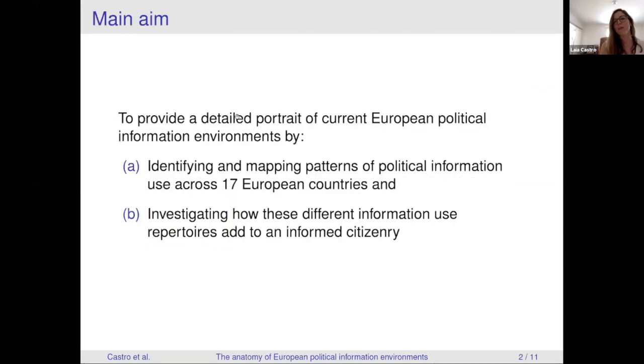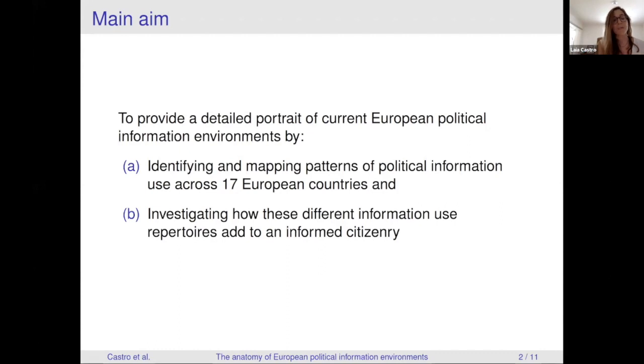So the main aim of this project was to provide a detailed description of so-called political information environments in 17 European countries. First, by identifying news user profiles, so ours is a so-called demand-driven approach to the study of political information environments, and second, to map different news use profiles across Europe to gauge their salience in different countries.